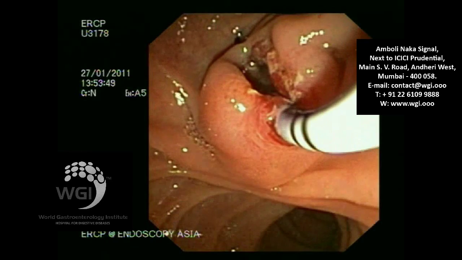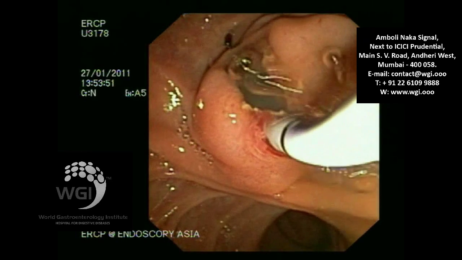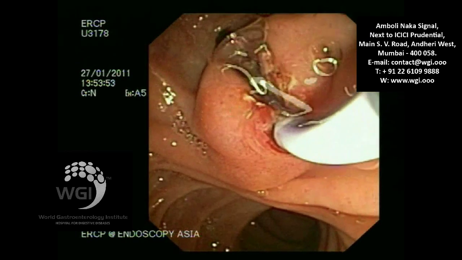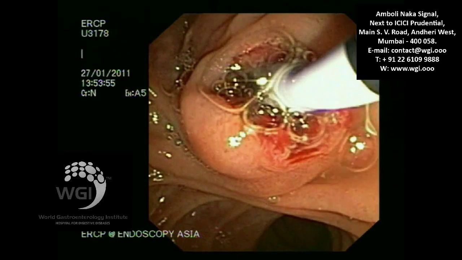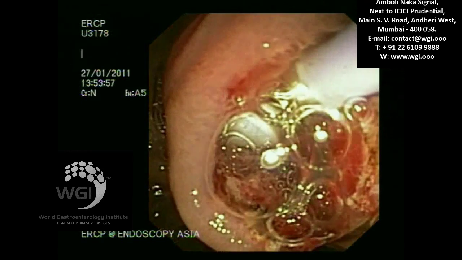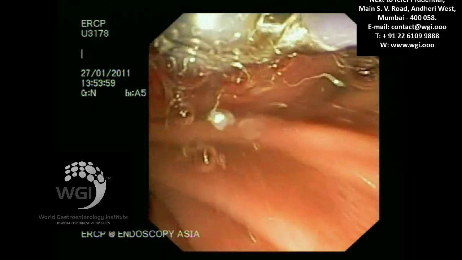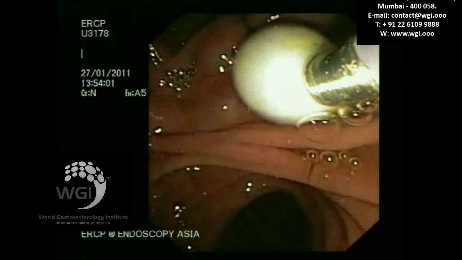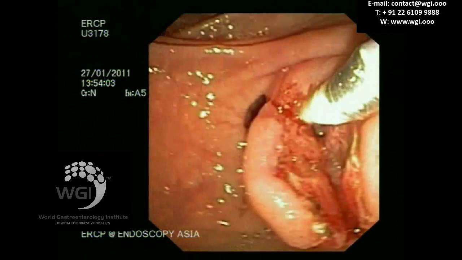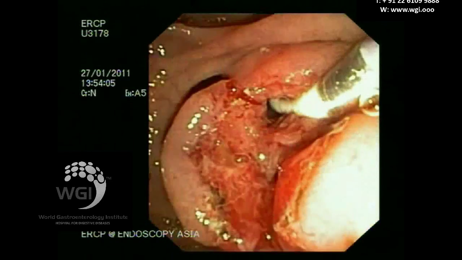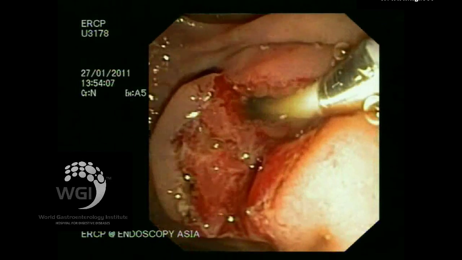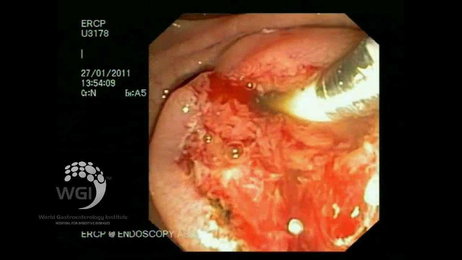Now, since we know that there is a gallbladder in situ with stones and severe purulent cholangitis, sometimes some pus flakes do escape into the intrahepatic biliary system, and they can come down and cause some partial occlusion again. You can see how edematous the ampulla is because of the impacted stone and pancreatitis.